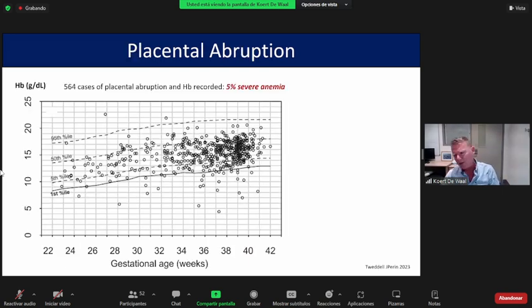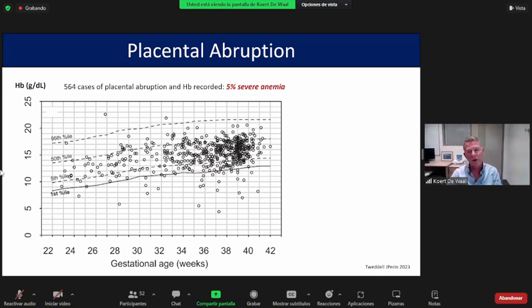So for these perinatal events, in this same group from Christensen and his group, here presented by Tweddle in also a recent paper, they did these large retrospective reviews of all the data they had. This is a representation in a graph of 564 cases of placental abruption where the hemoglobin was reported early after birth.